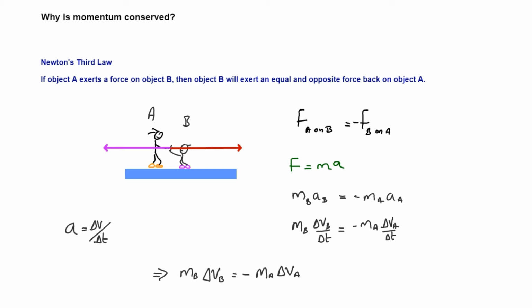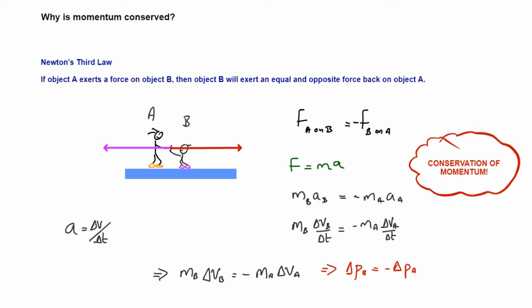So I can rewrite that as delta p B, the change in momentum of B, is equal to minus the change in momentum of object A. Wow, look at that. What have we got? We've got conservation of momentum. Let's put a box around that, because that's pretty amazing. From Newton's third law and then using Newton's second law, we've managed to prove conservation of momentum. Pretty cool.